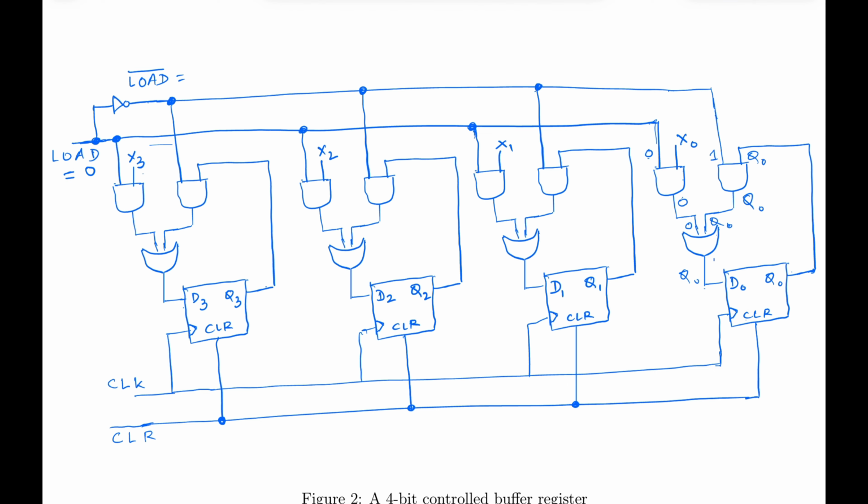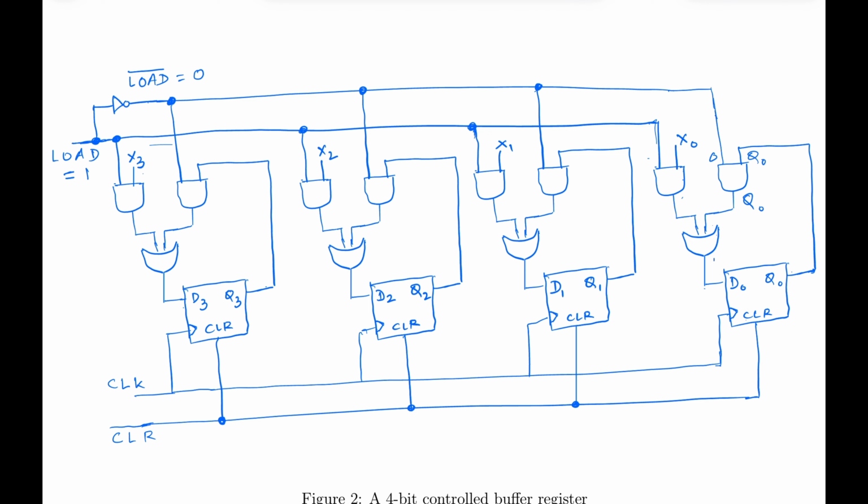When load is 1, so load not will be 0. Load is 1, so load not is 0. Now, see what happens in the case of the first unit. See here, this is 0, so this input to the AND gate is 0.